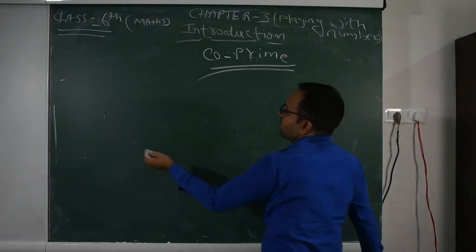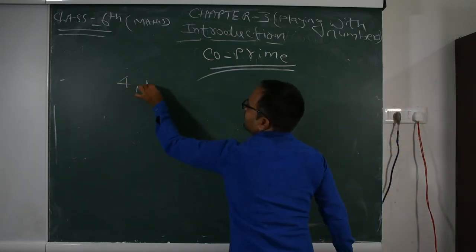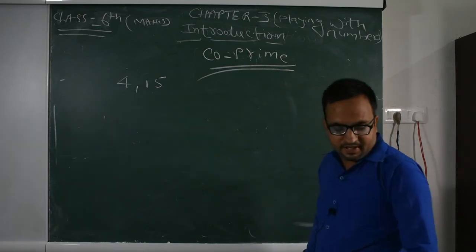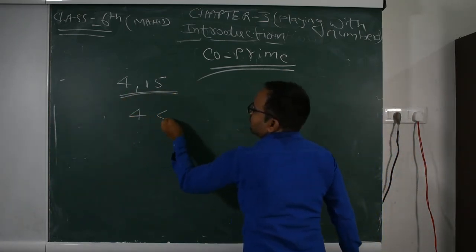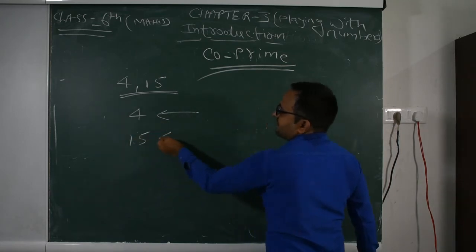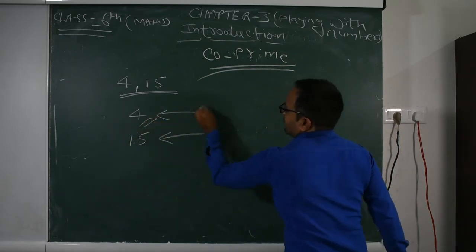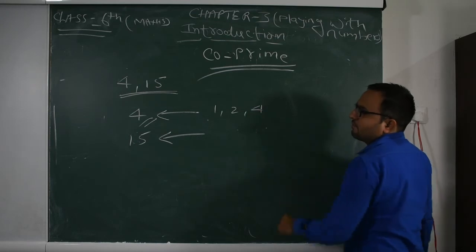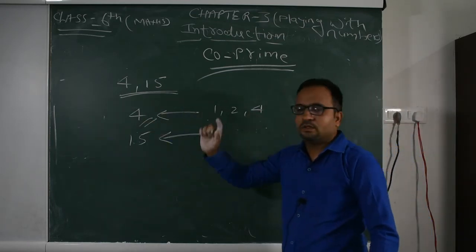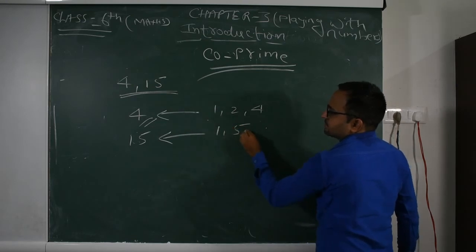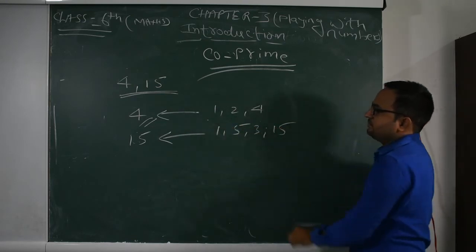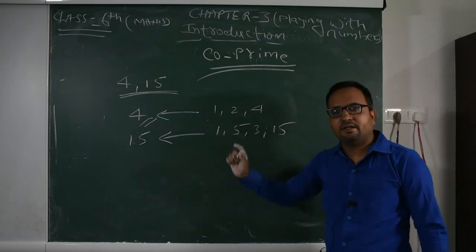For this we take two numbers, 4 and 15. First we find out the factors of 4 and 15. The factors of 4 are 1, 2 and 4. This is the factor of 15.